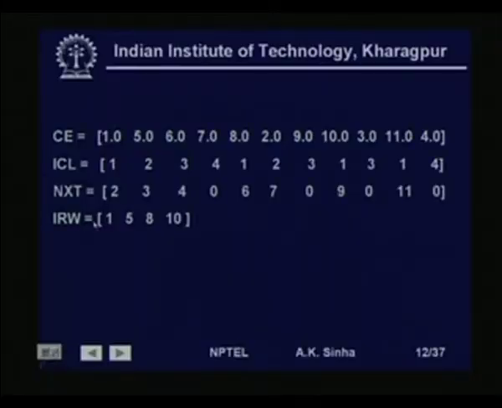This array tells us that row number 1 starts at position number 1, row number 2 starts at position number 5, row number 3 starts at position number 8, and row number 4 starts at position number 10.